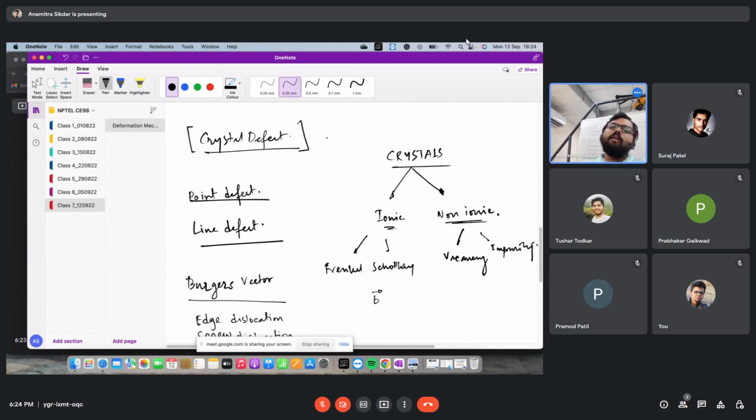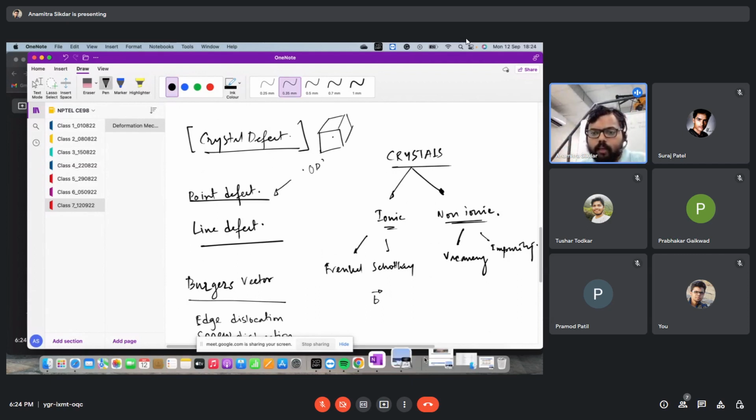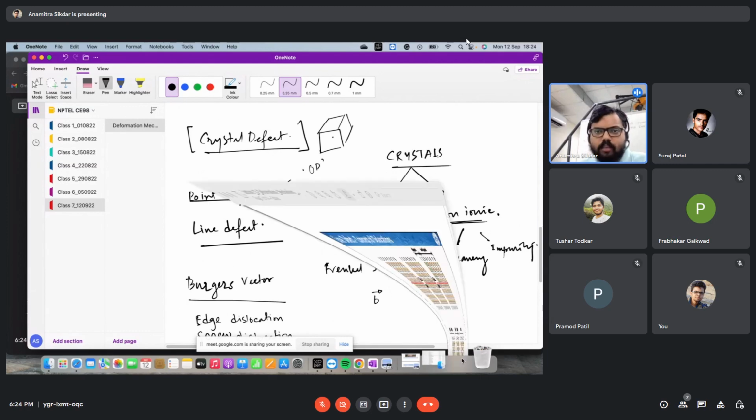Suppose in a crystal you have a defect at a particular point, that is a zero dimensional defect, so those will be called point defects. Maybe only one vacancy is there, or some impurity, or some interstitial, as shown here.